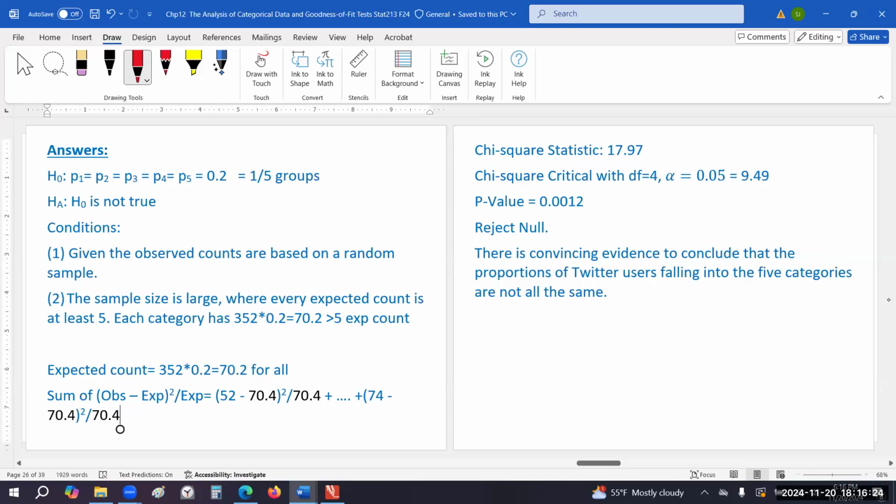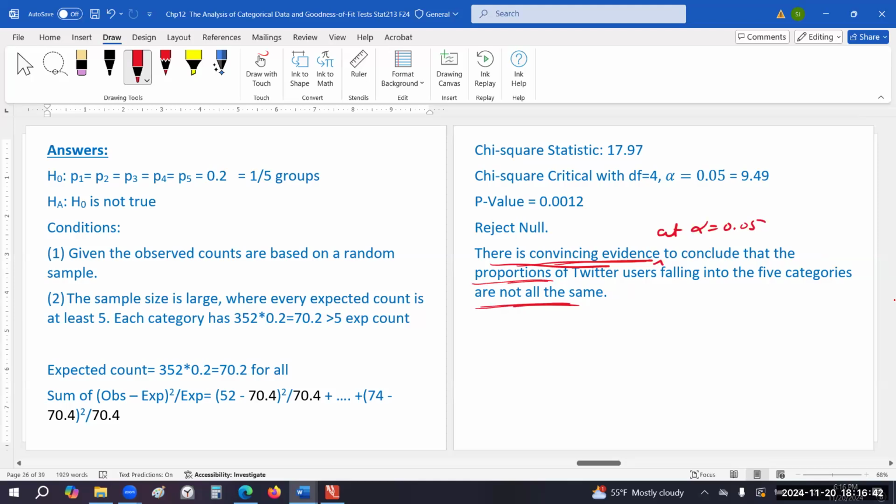Since we are rejecting the null hypothesis, we have convincing evidence at the alpha level 0.05 to conclude that the proportions are not all the same.